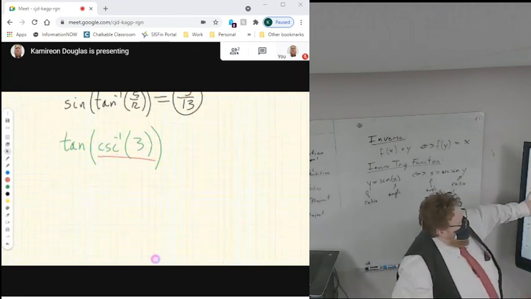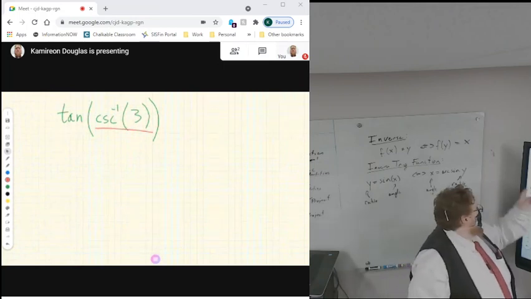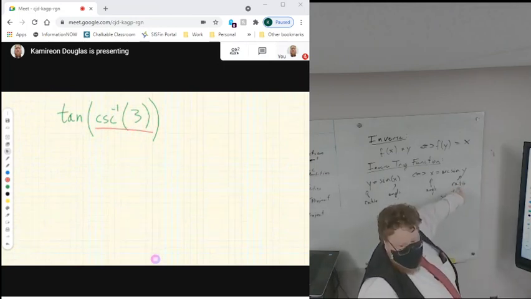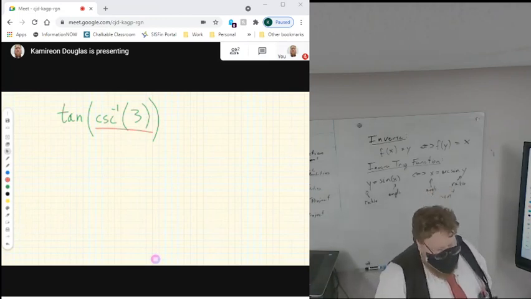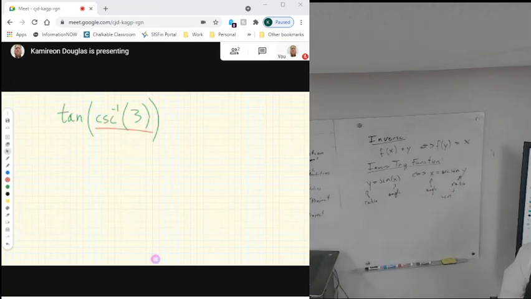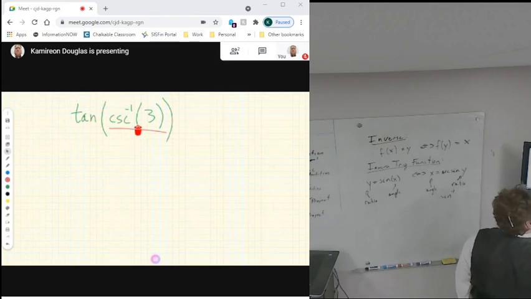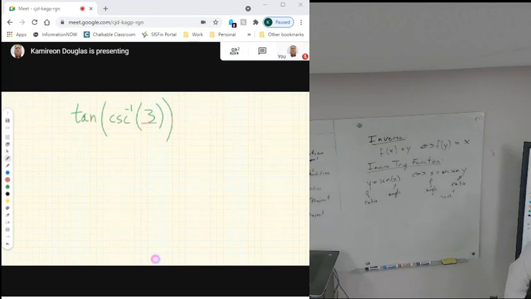But I have to figure out how to do that because usually I have a ratio, right? If I'm using an inverse, I have a ratio. I don't have a ratio, I have 3. So I create one. I rewrite this not as 3, but as 3 over 1. So now I do have a ratio, and now I can actually build a triangle out of this.